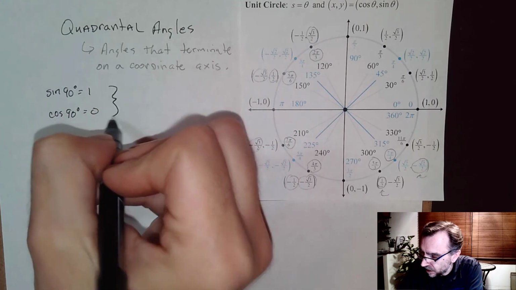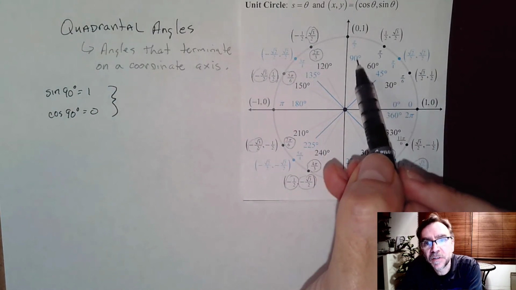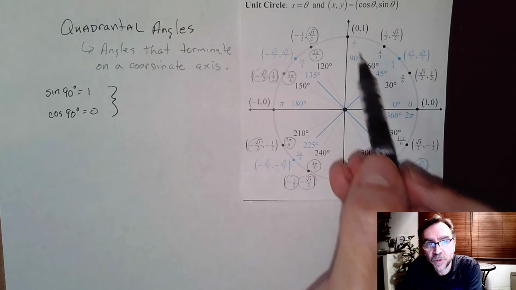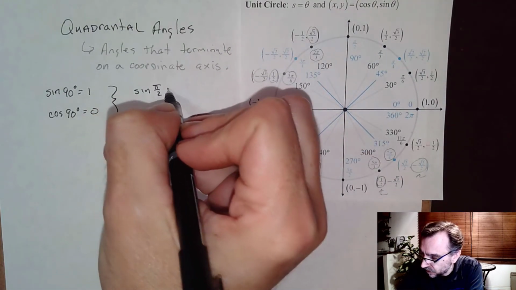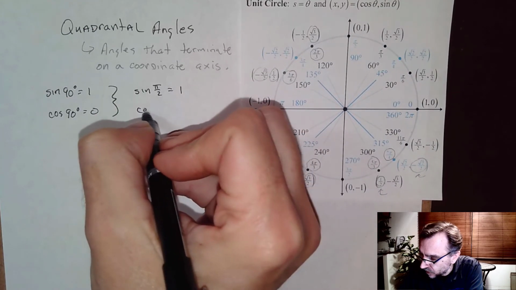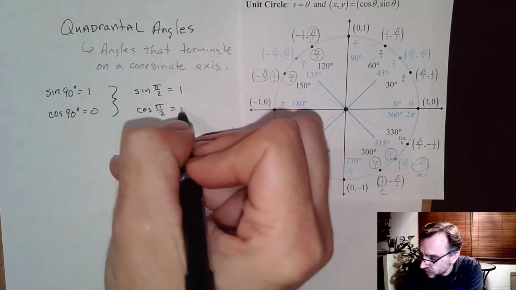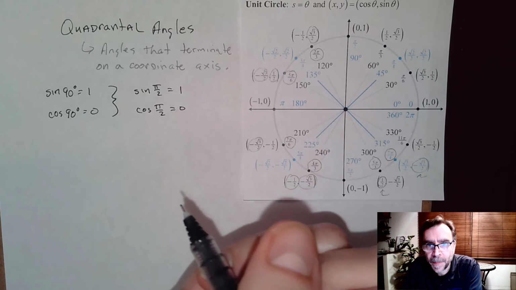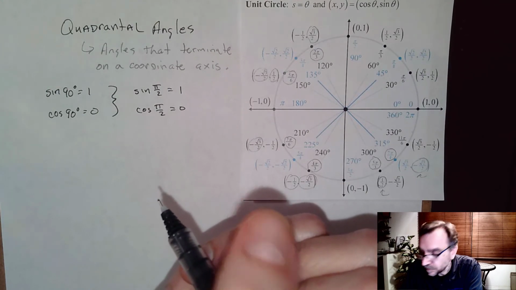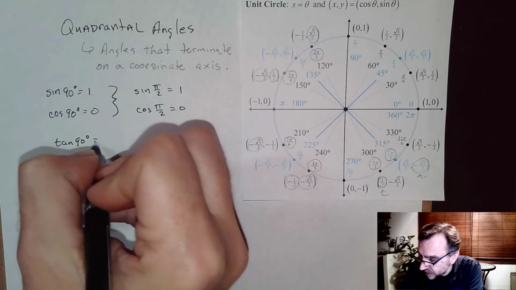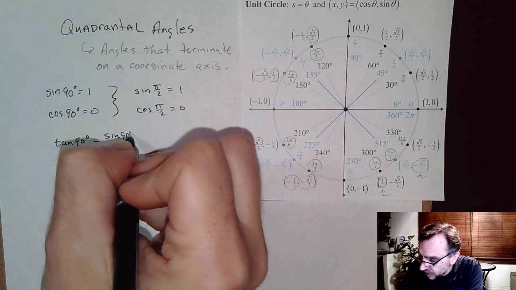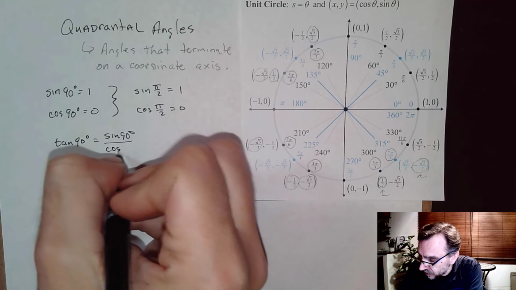Now if I were in radian mode, I could see that 90 degrees is equivalent to pi over 2 radians. In other words, I can write sine of pi over 2 equals 1, and cosine of pi over 2 equals 0. Okay? So from that, I can see then that tangent is sine over cosine. So sine of 90 over cosine of 90.